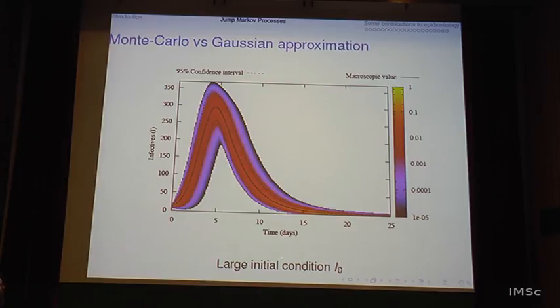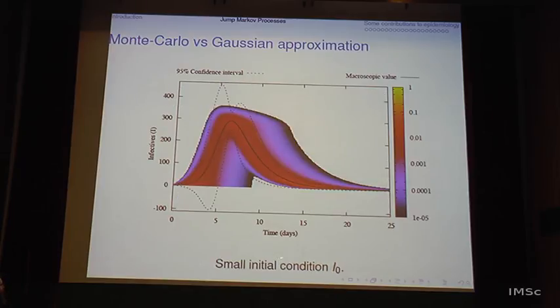This is when I start with large initial conditions. One of the assumptions of the Gaussian approximation is that you are always far from 0, and that's why I start quite far here. If I start with a small initial condition, something that is not of the order of the population size, you see that initially I have some risk of extinction.